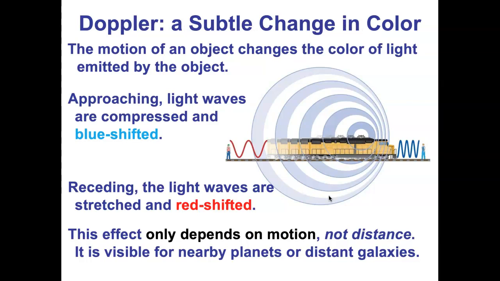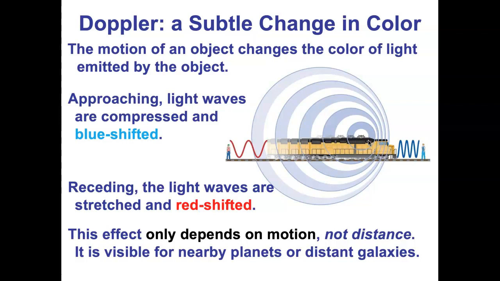Because light is a wave, right? And all waves have this property called the Doppler effect. So let's talk about sound waves for a second here. Let's imagine you're standing along a railroad track, and there's a train going by, and that train blows its whistle.